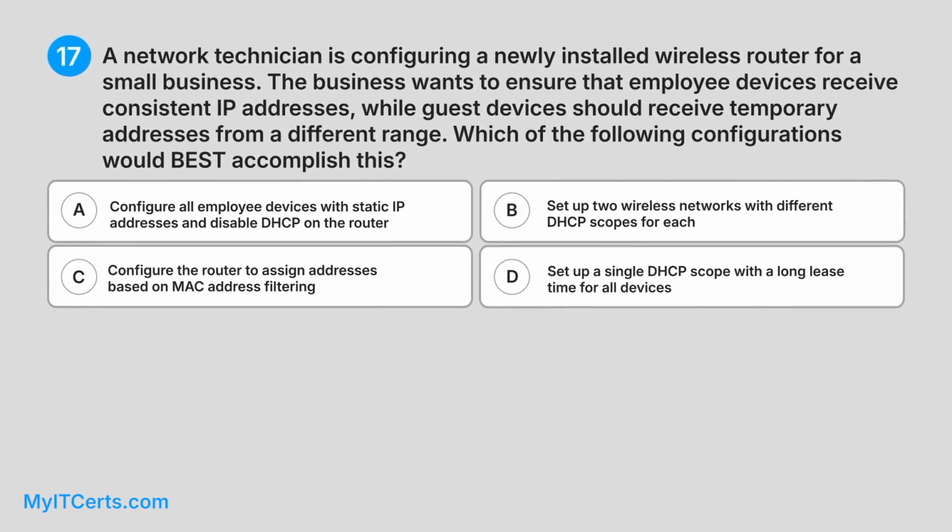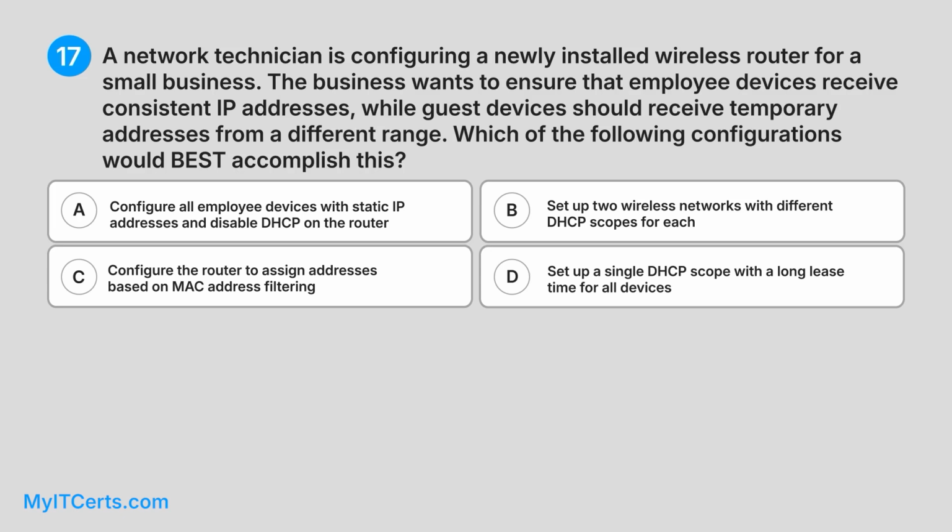17. A network technician is configuring a newly installed wireless router for a small business. The business wants to ensure that employee devices receive consistent IP addresses, while guest devices should receive temporary addresses from a different range. Which of the following configurations would best accomplish this? A. Configure all employee devices with static IP addresses and disable DHCP on the router.